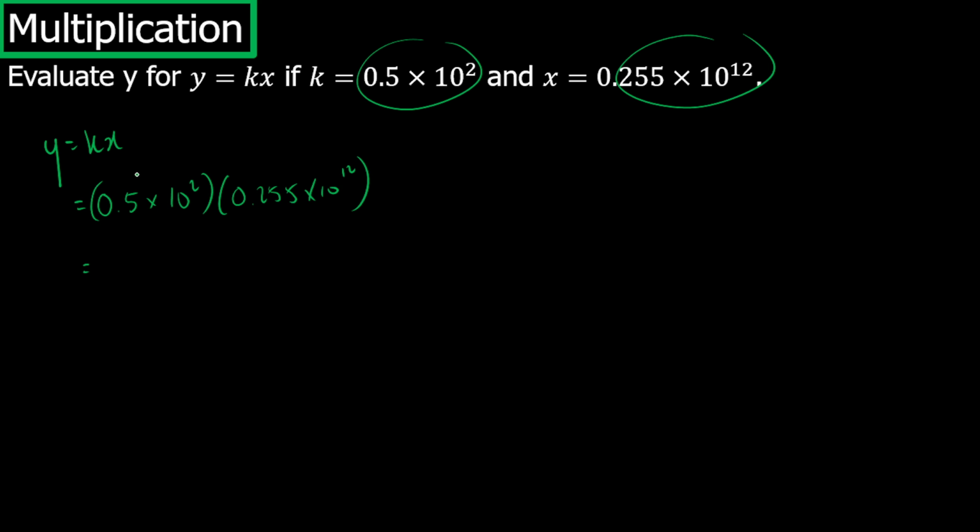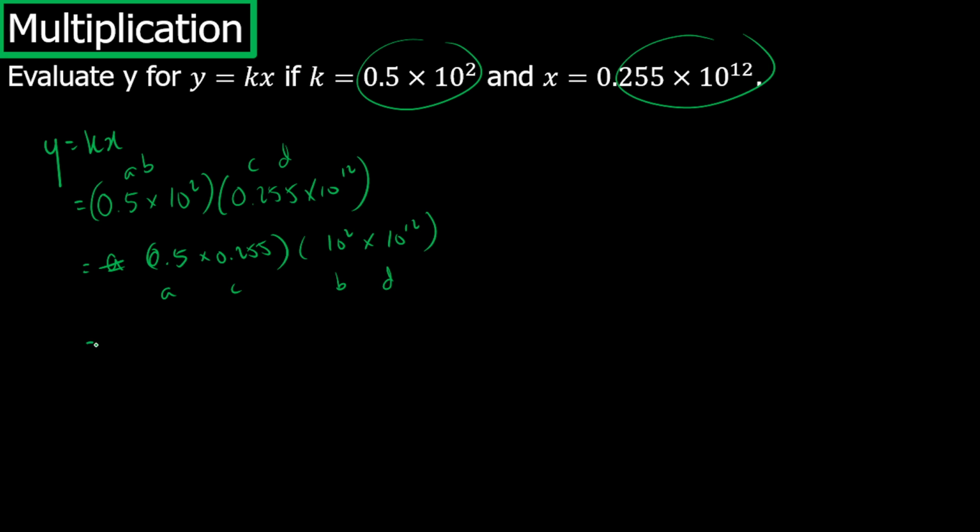What we can do is treat this as AB times CD, and I can rearrange that to be AC times BD. So that is 0.5 times 0.255, and 10 to the power of 2 multiplied with 10 to the power of 12.